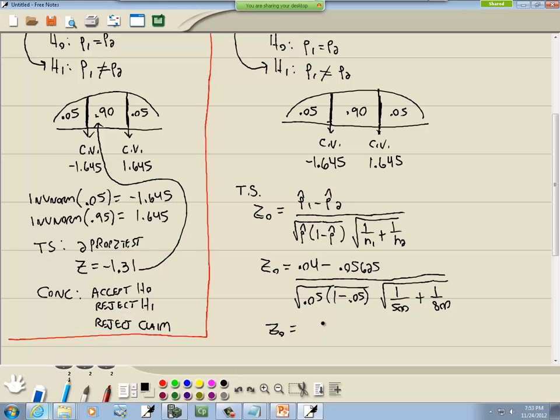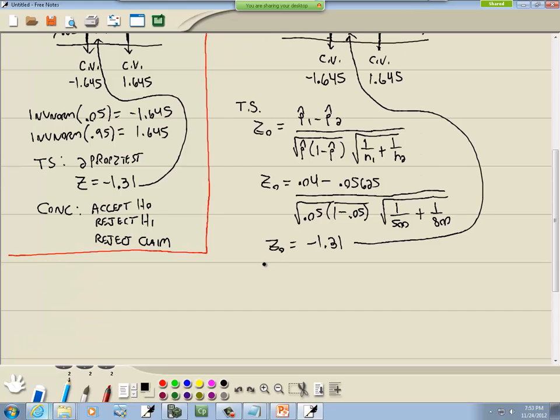Does that look familiar? So we came up with it right here. It should be the same, or very close. Well, I think it'd almost be exact, but okay, this is the number line. Here's negative 1.645. Here's positive 1.645. Negative 1.31 will fall in there somewhere.